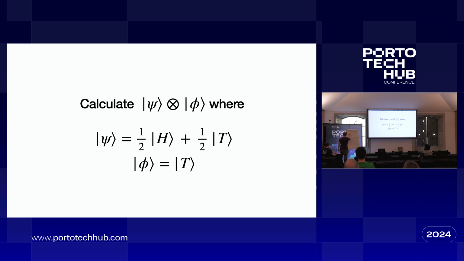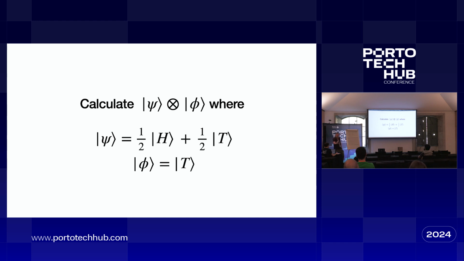So, we have 1 coin in the state a half heads plus a half tails. And we have another coin in the state tails. That's the information we know about this coin, and the information we know about this other coin. The combined probability distribution I'm going to write like this.